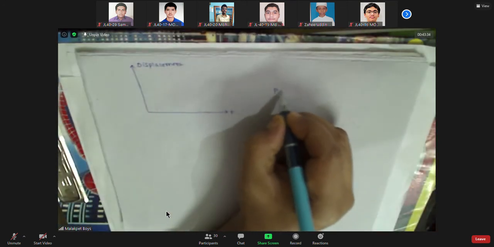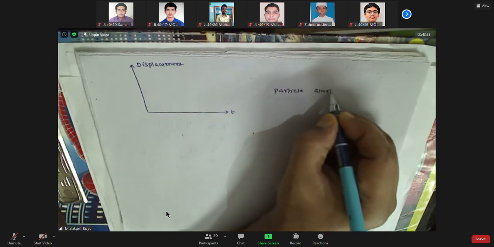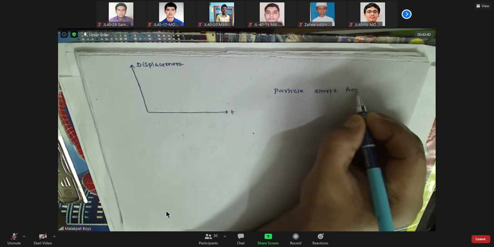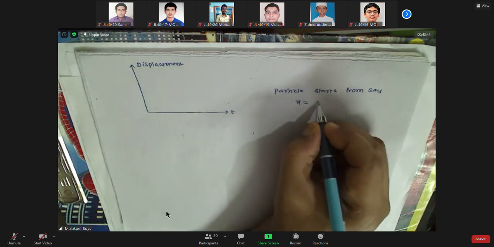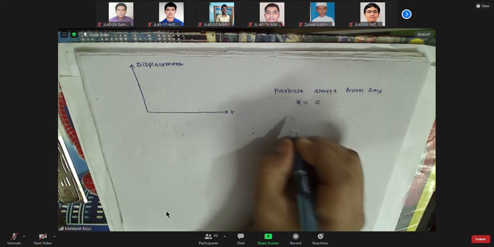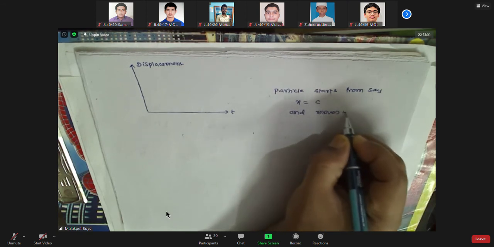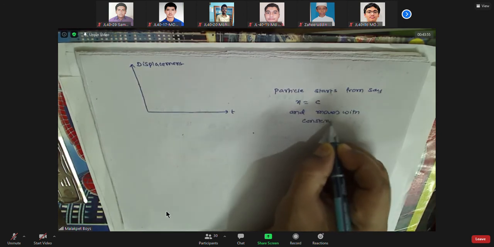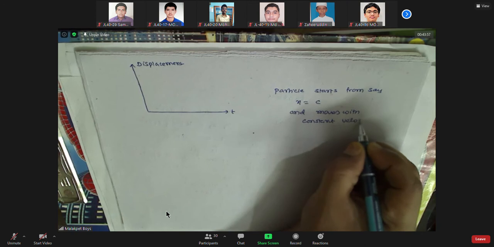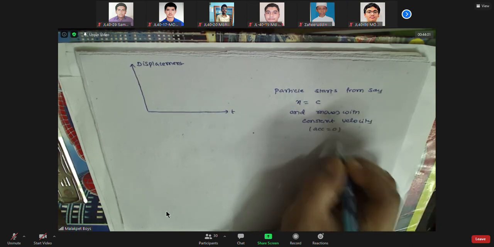A particle starts from, say, x equal to some value c, and moves with constant velocity. Constant velocity means acceleration is zero.